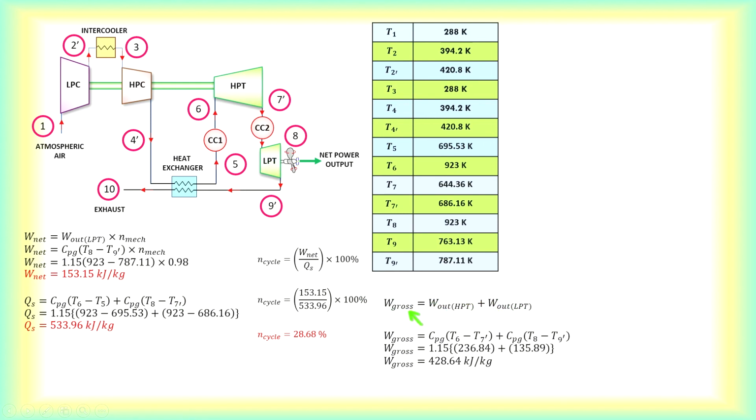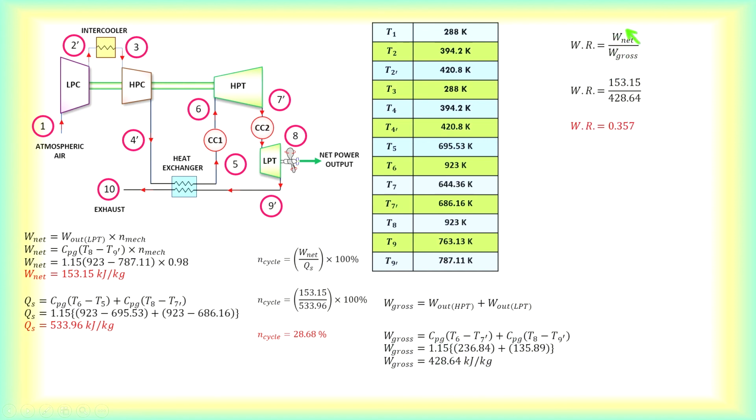Now, for gross, you don't have to multiply by mechanical efficiency. Gross means the total. Work out Cpg T6 minus T7 prime, first one. And then Cpg T8 minus T9 prime, the second one. So that will give you the gross work. Remember, both are gas side. So that is 1.15. So this will give you the gross work.